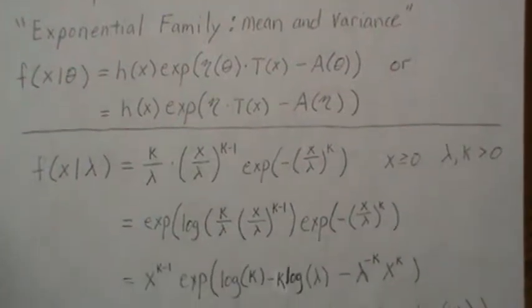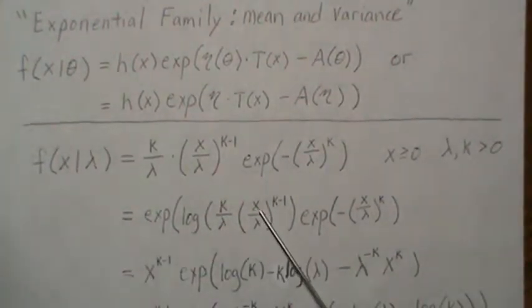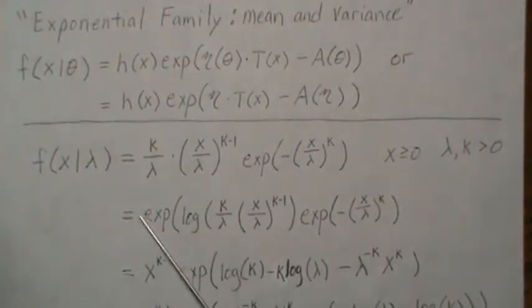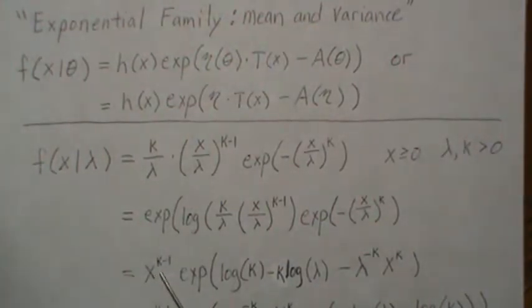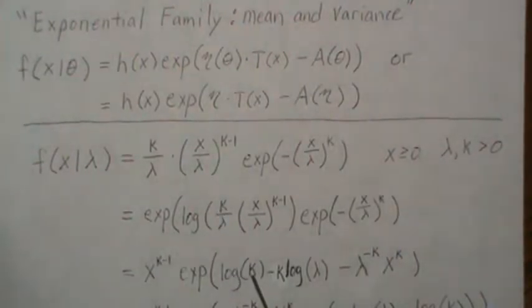So now here, since we could isolate this x by itself, that's just a function of the data, a function of the x. And then everything else, since this is e to an exponent, we can just add the exponents, and that's what we do here. So the log of k is here. Now we're dividing by lambda to the k minus 1, so that's where the minus comes out.